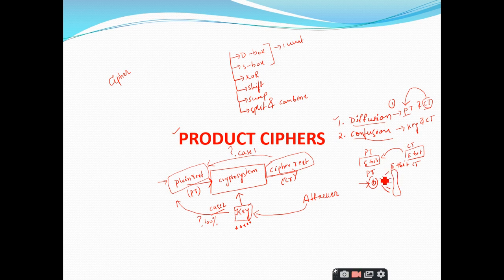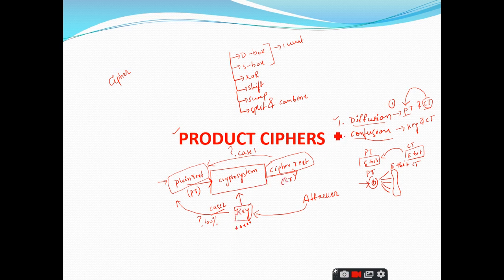So this is how diffusion is defined, right? You should make your encryption technique in such a way that more number of cipher bits are linked to bits that are present in the plain text, right? So this is how diffusion is defined.